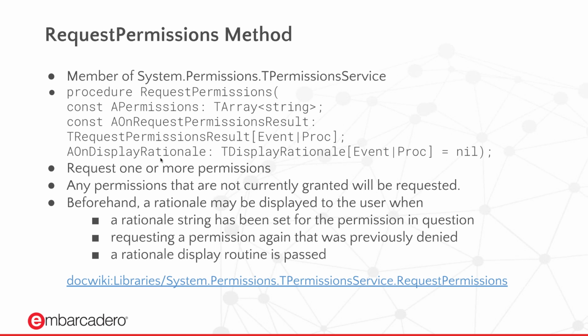You can also optionally pass in either an event handler or anonymous method to display a rationale. A rationale lets you display to the user why you need that permission. We'll talk a little bit more about why you would do that later, but that can be useful. Just know that's a possibility that you can use to prompt the user for why you need a specific permission.